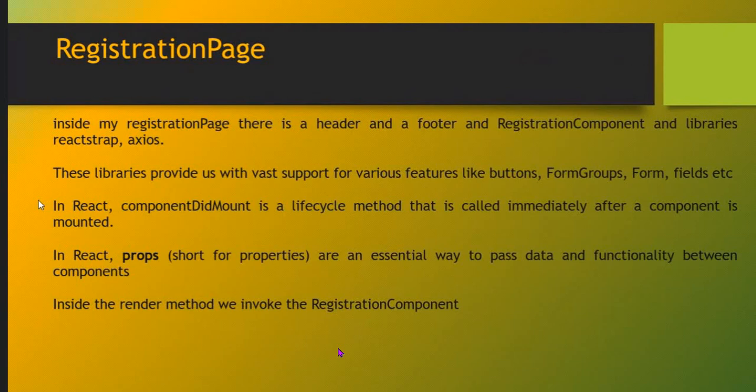Let me add a little bit to that. The browser has its DOM, the document object model, which is managed by the browser's engine. Now, React has its own virtual DOM.